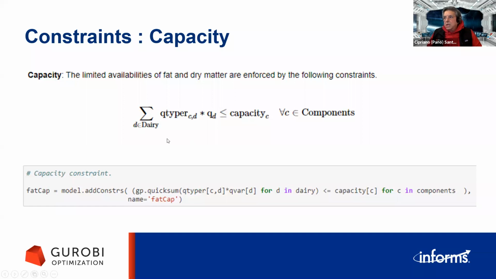So if you see, the summation here is very naturally expressed by this code here. And then we have the less or equal term here, and then the right hand side is the capacity of each component, and we have a for loop that will generate all the constraints for all the components, and the name of this constraint is going to be fat cap.